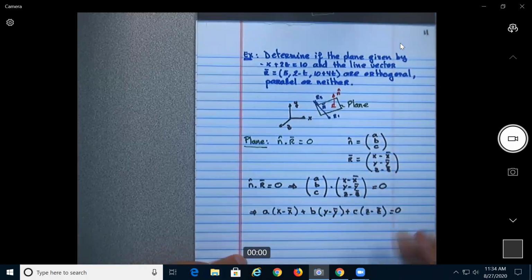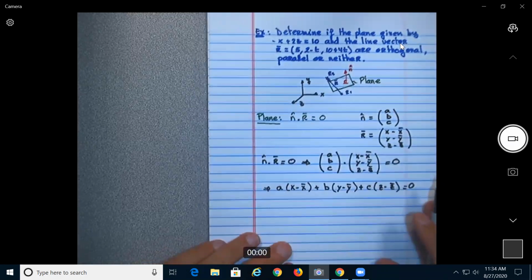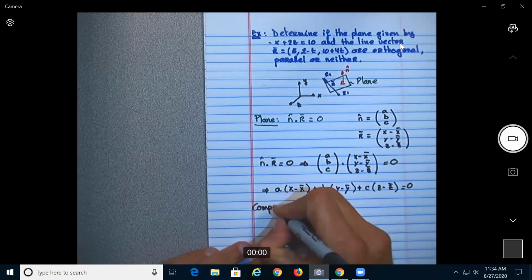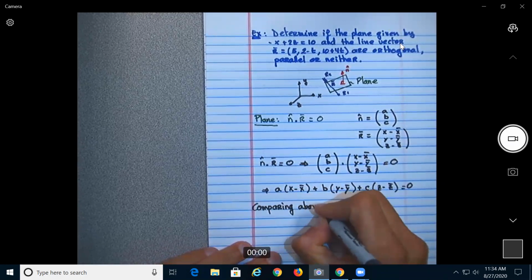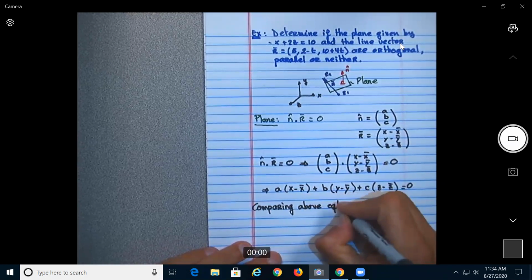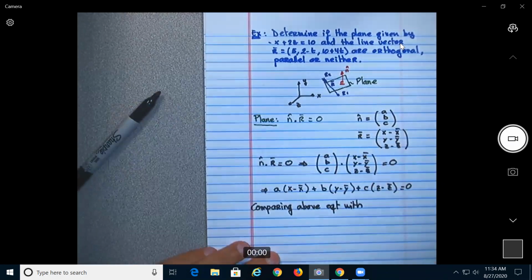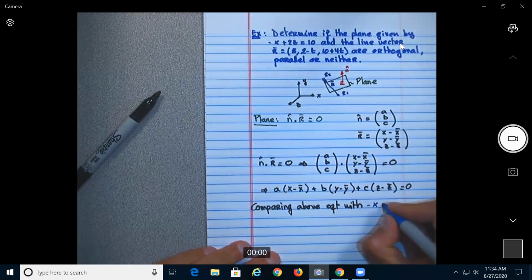Okay, but remember, here we have the equation of the plane, no? So let's say comparing the above equation with the equation of the plane, which is -x + 2z = 10.